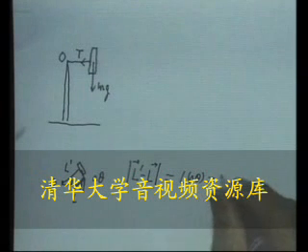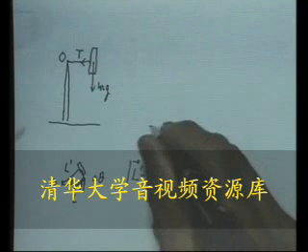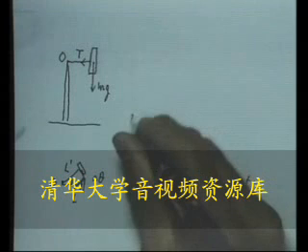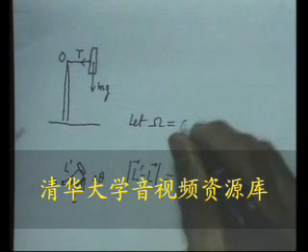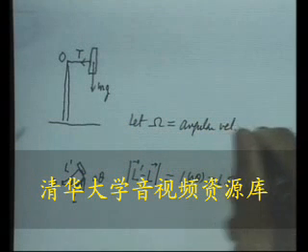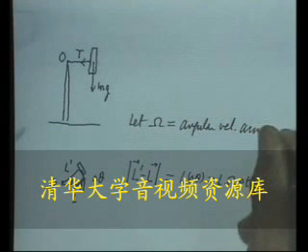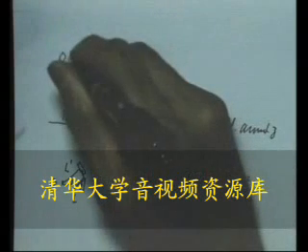And that is equal to L times omega delta t. Let omega be the angular velocity around the z-axis. We take this to be the z-axis.